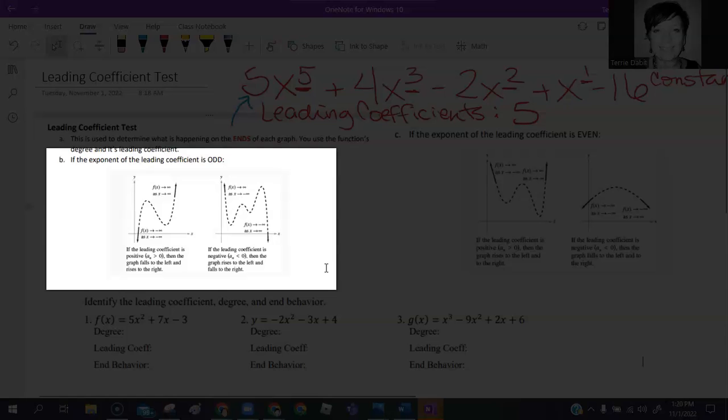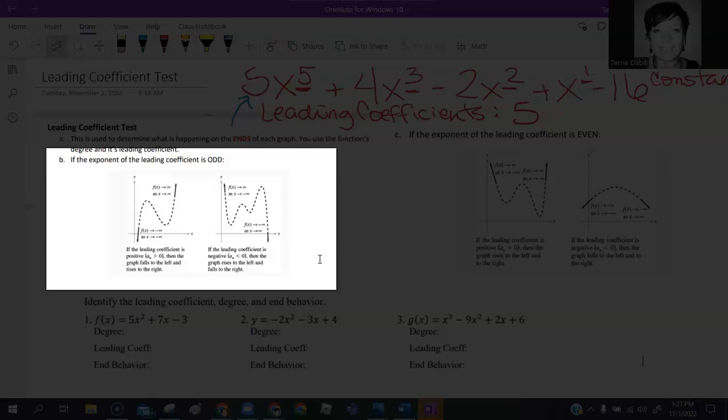If the leading coefficient is negative and the exponent is odd, then the graph would rise to the left and it would fall to the right. And you'll notice that they just put dotted lines in there because at this point, we don't care what's going on in the middle. We're going to figure out how to do that later. We just want to know what the end behavior of this graph is doing.